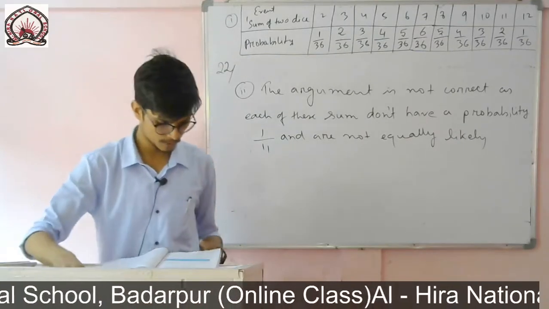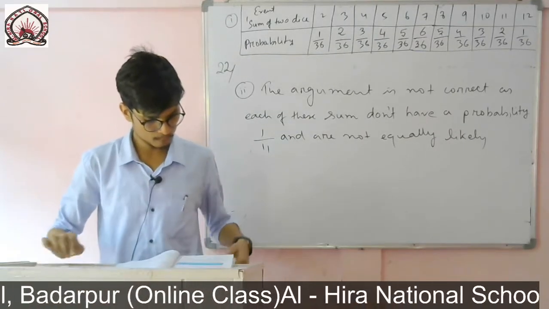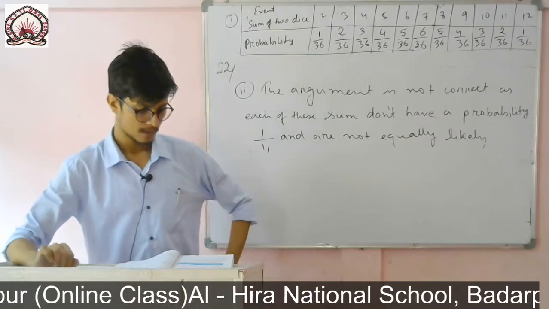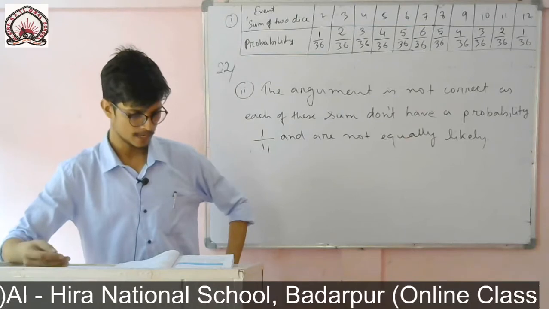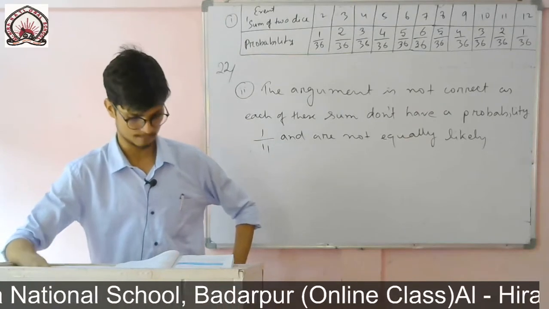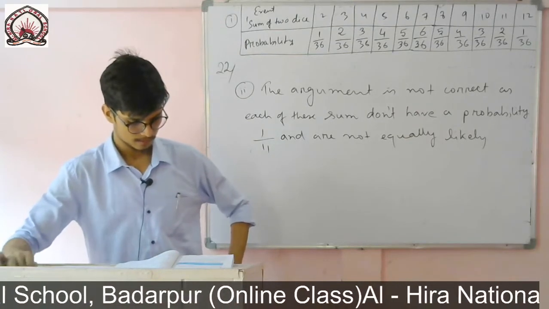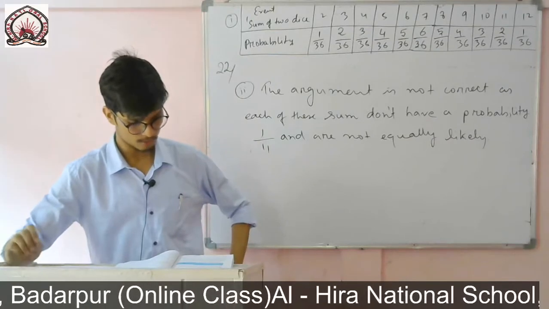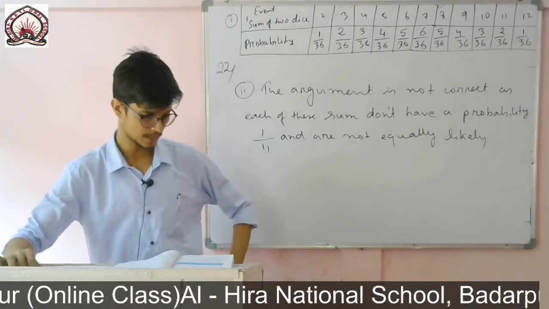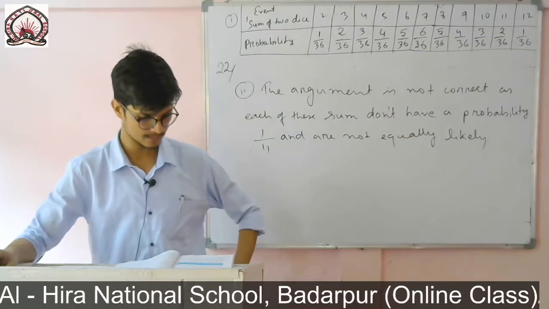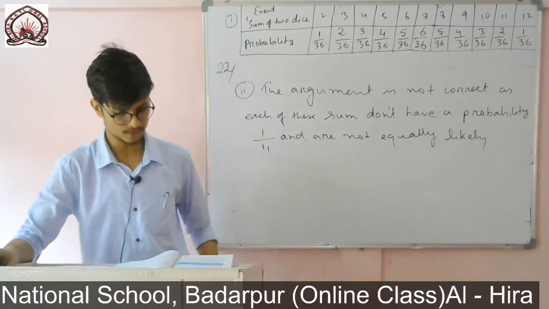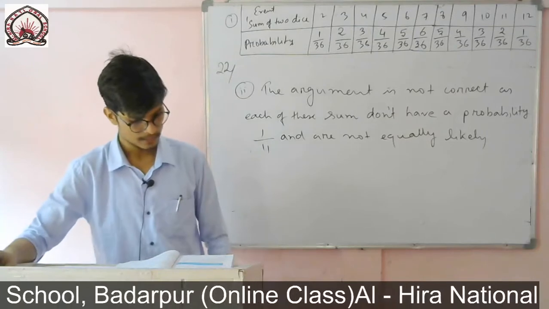Okay, now question number 23. A game consists of tossing a 1 rupee coin 3 times, noting its outcome each time. Hanif wins if all the tosses give the same result, that is 3 heads or 3 tails, and loses otherwise.